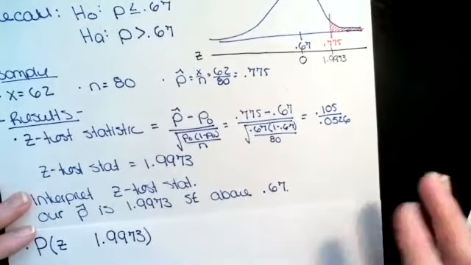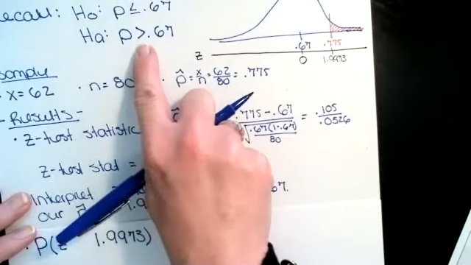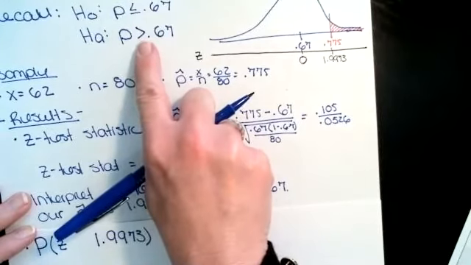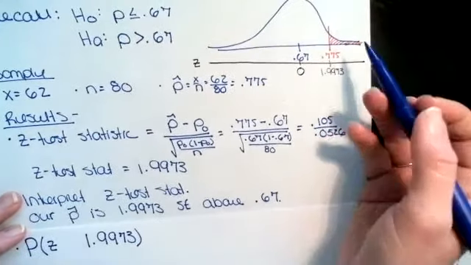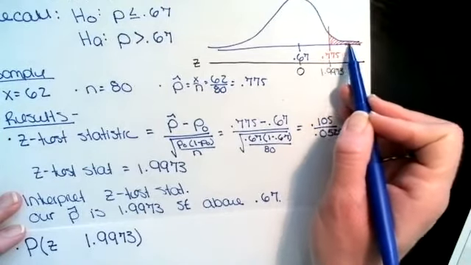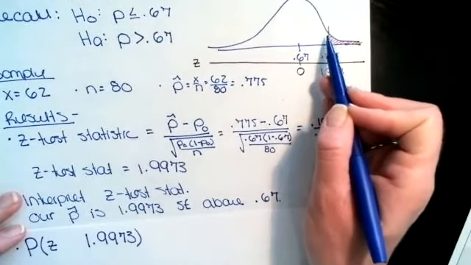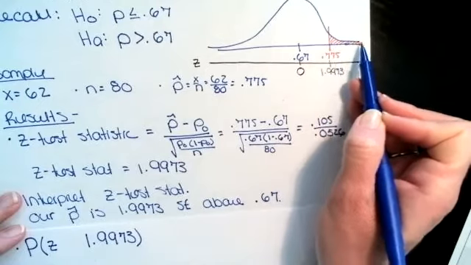First of all, it's going to match your HA. So your HA is greater than, so this will be greater than. But let's take a look at the picture to see why. We're calculating the red right here. We're going to calculate this area in the tail on the right.